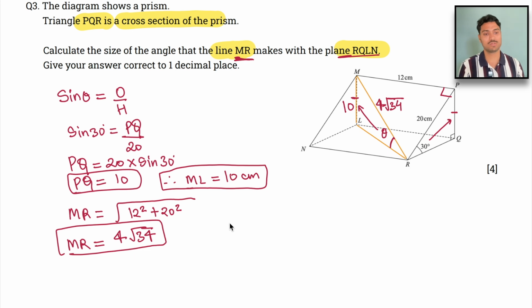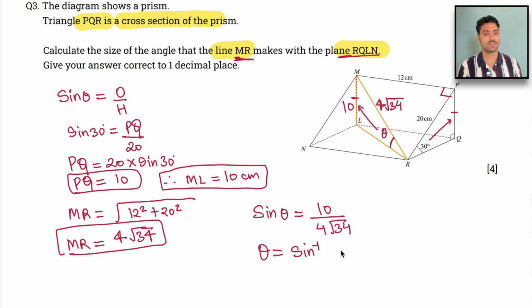So here we can use sine theta again. Sine theta is equal to opposite upon hypotenuse. So opposite is 10, hypotenuse is 4 root 34. So theta will be sine inverse of 10 divided by 4 root 34.